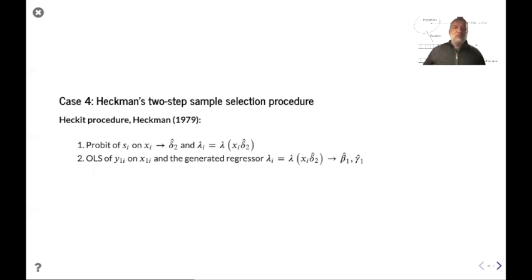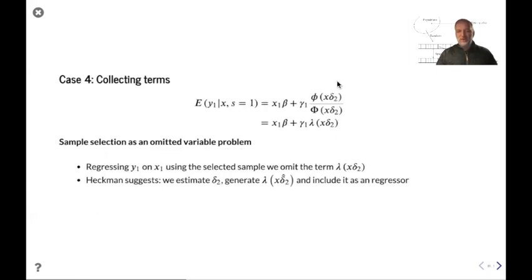exercises. So the procedure is the following: run a probit on the selection indicator on xi. So that is both x1 and x2, okay, and then you estimate delta 2. From that, you generate the inverse Mills ratio, where the formula for the inverse Mills ratio, well, that's this one here.